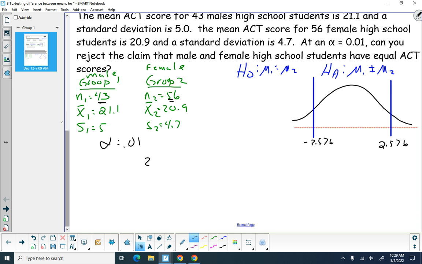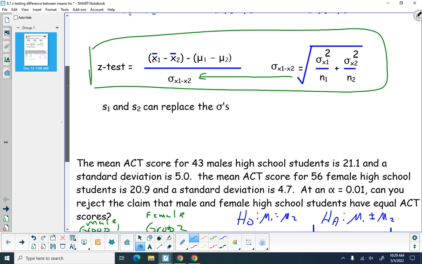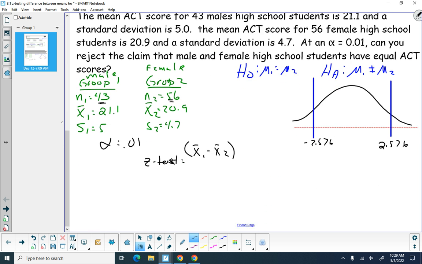Okay, so we have our z-test. X bar 1 minus x bar 2 minus mu1 minus mu2, all divided by the sigma x1 minus x2.